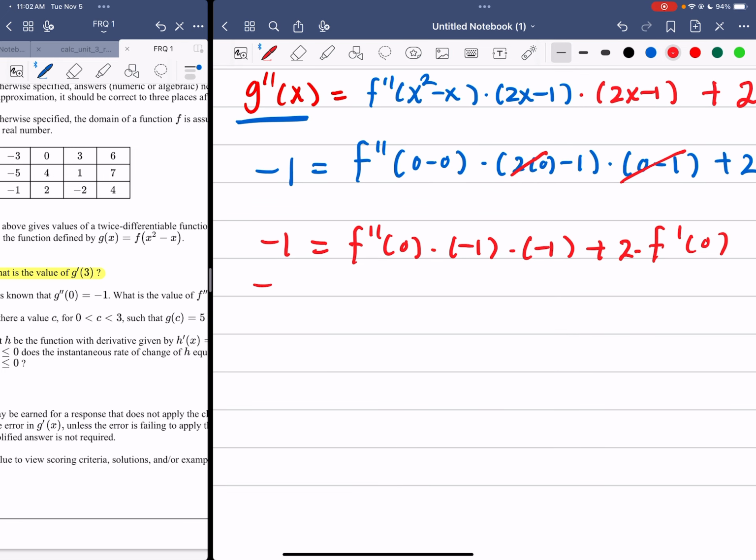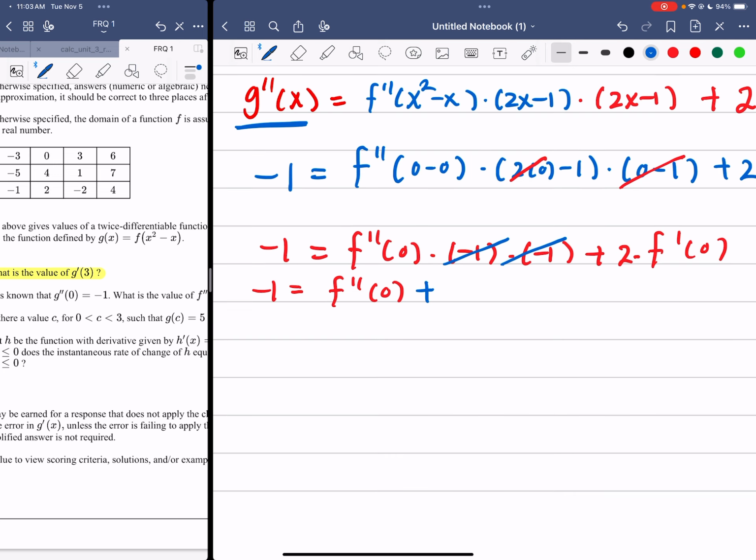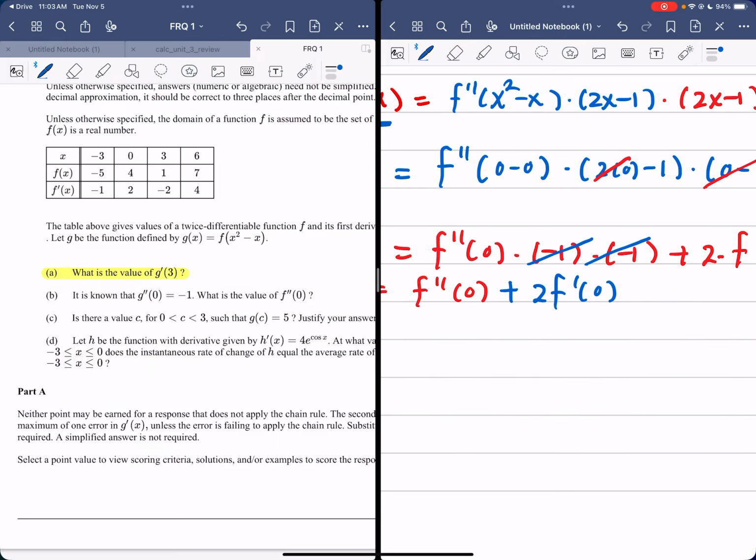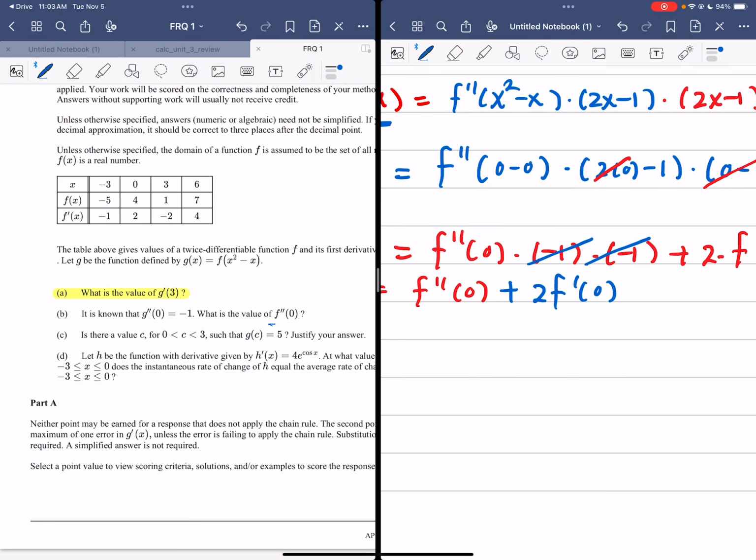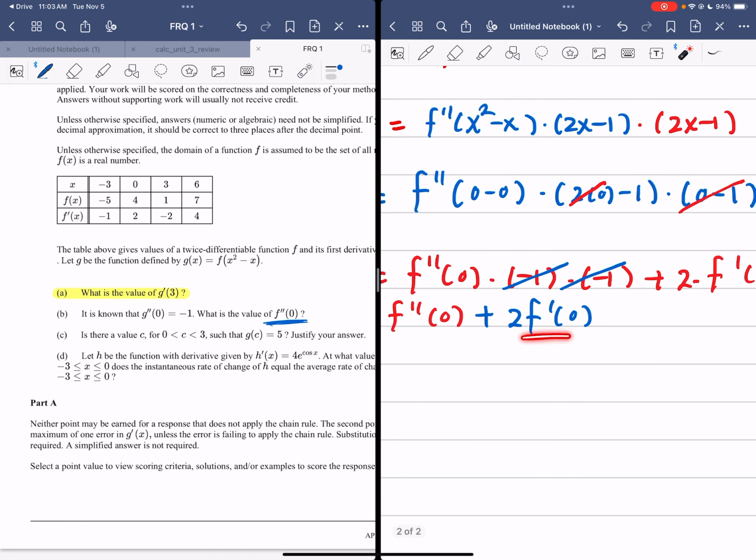Negative 1 is f double prime of 0, and negative 1 times negative 1 becomes positive, so plus 2f prime of 0. The question is asking for f double prime of 0, so I want to solve for this. So what's f prime of 0? According to this, f prime of 0 is equal to 2.